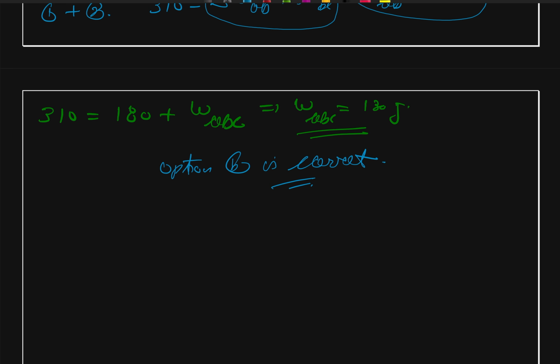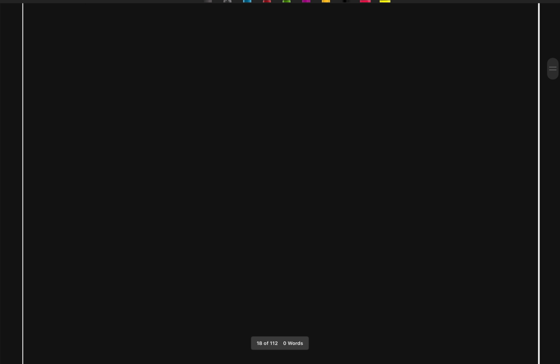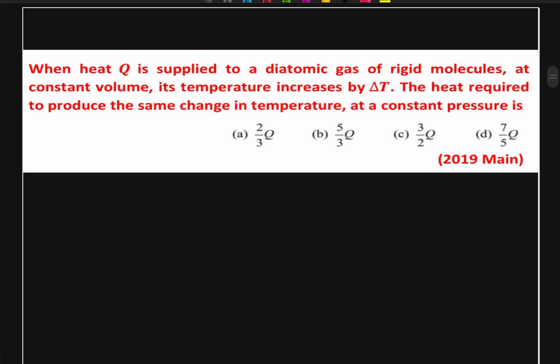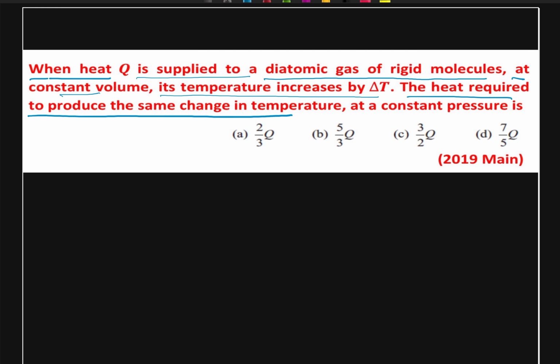Next question. It states that when heat Q is supplied to a diatomic gas of rigid molecules at constant volume, its temperature increases by delta T. The heat required to produce the same change in temperature at a constant pressure is.